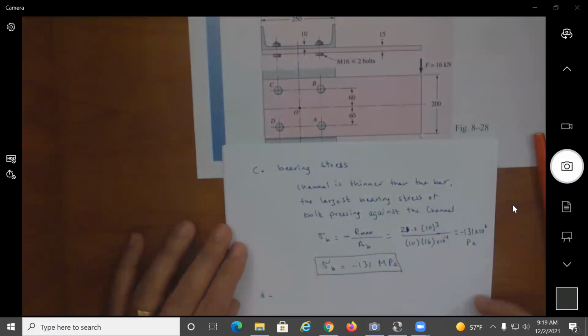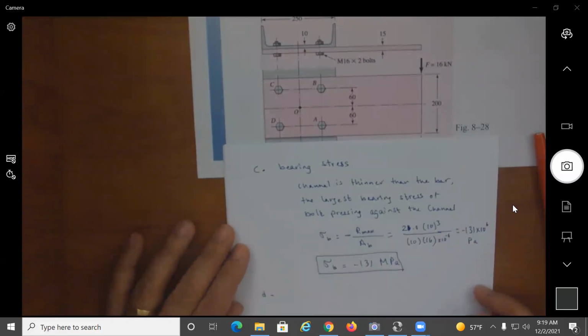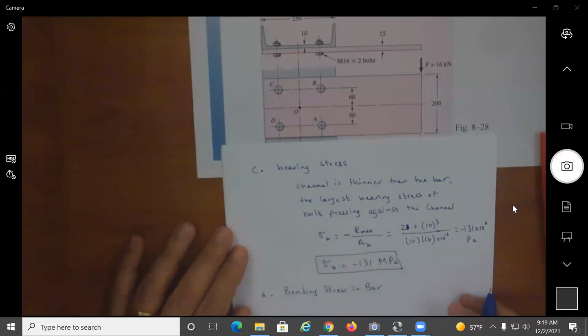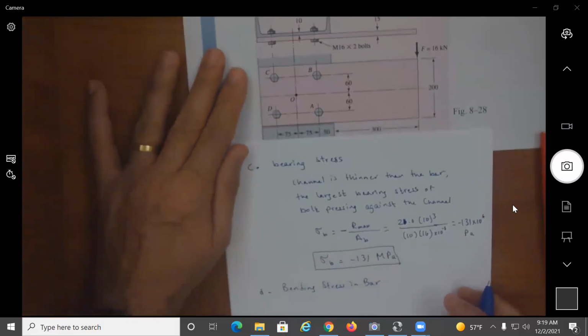Next, we want to look at the bending stress in the bar. Where is going to be the critical bending?